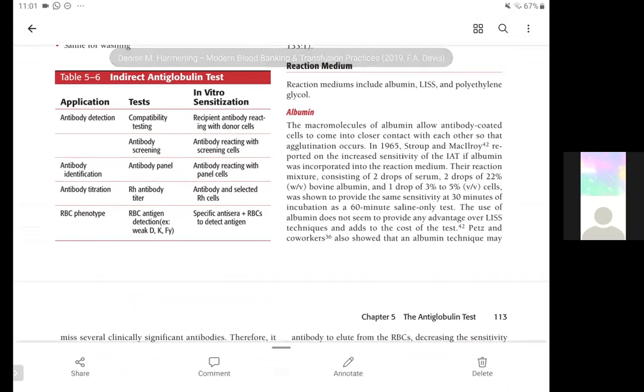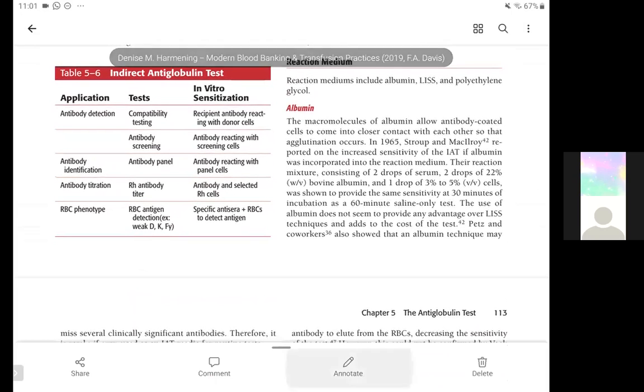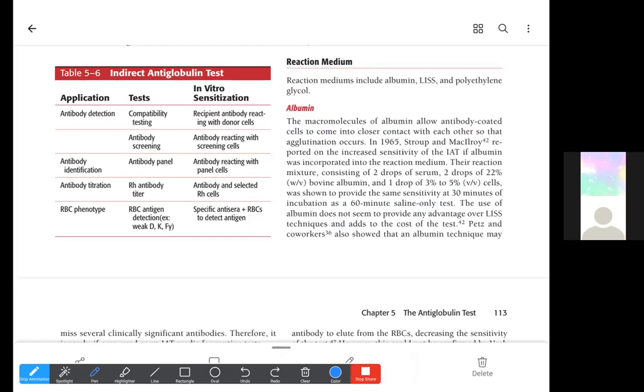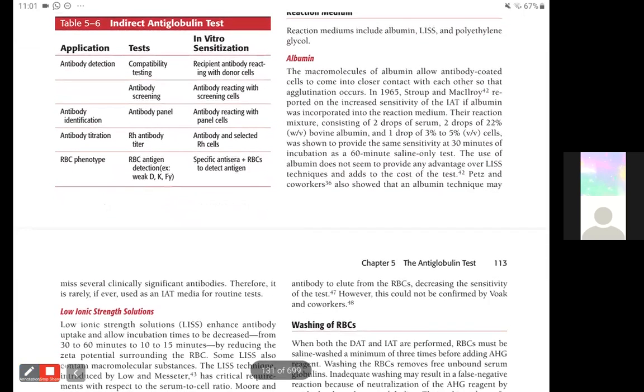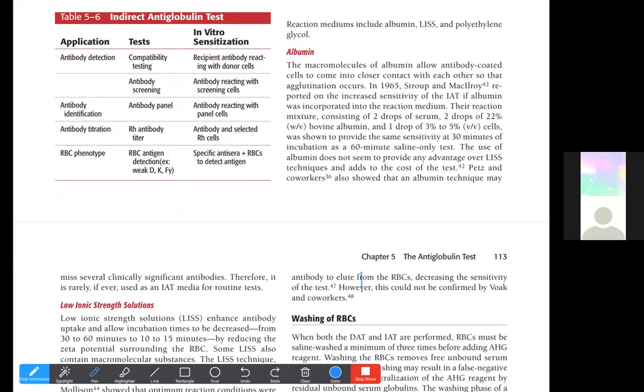So, how does albumin work? This is the albumin only because of its molecular structure.